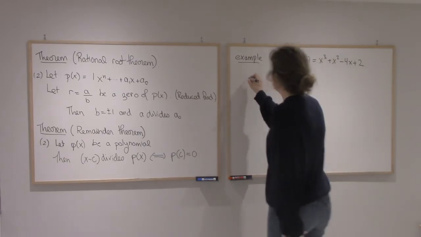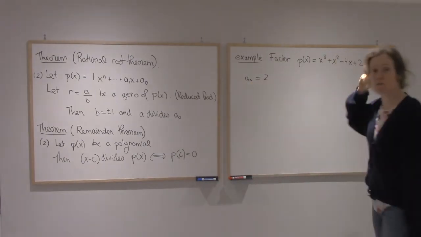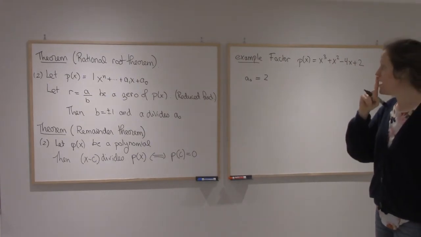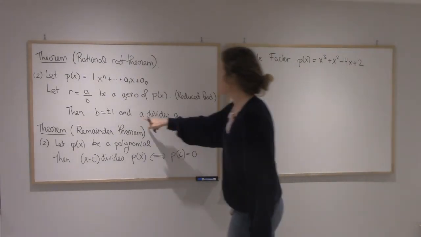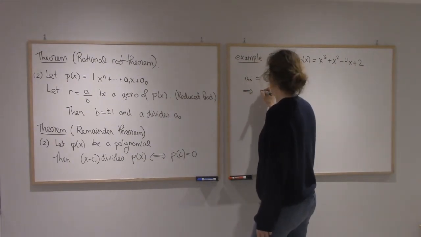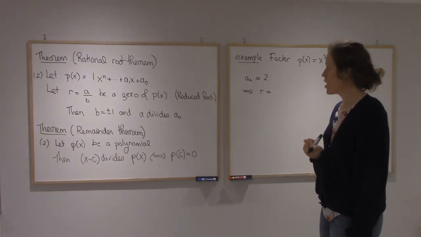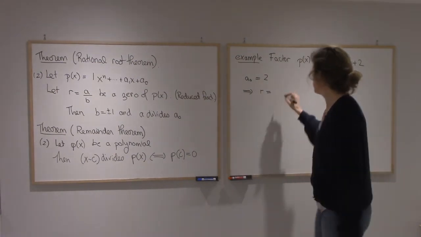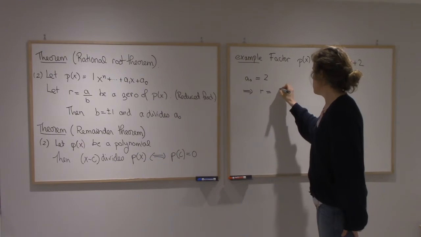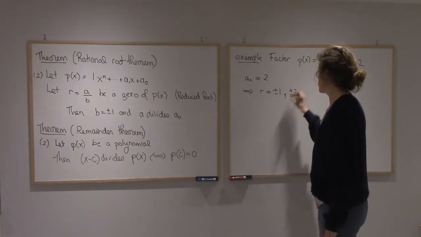So in this case, our constant term is 2, and so the potential roots would be divisors of 2, so I have 1 and 2, and then negatives as well.